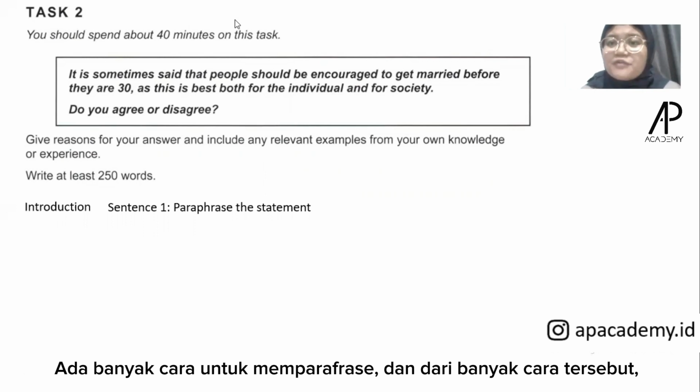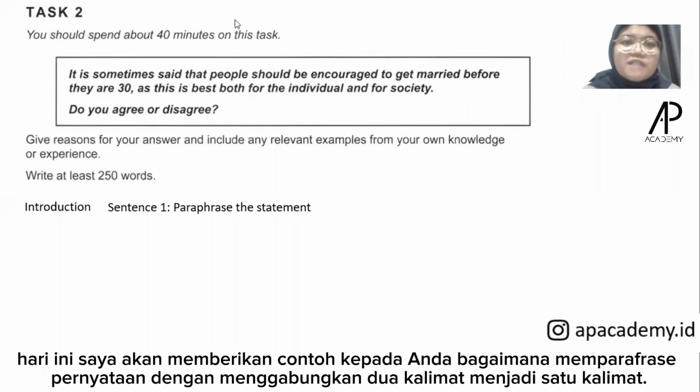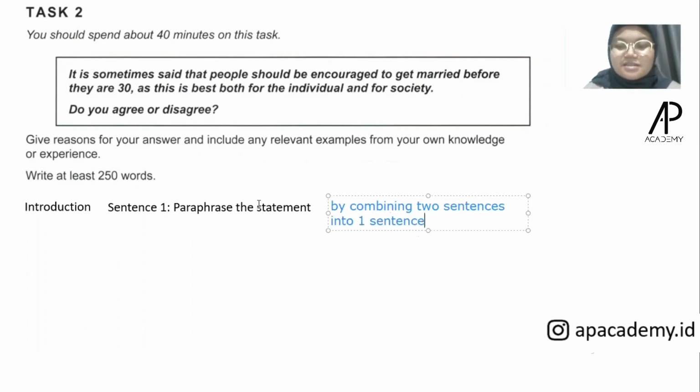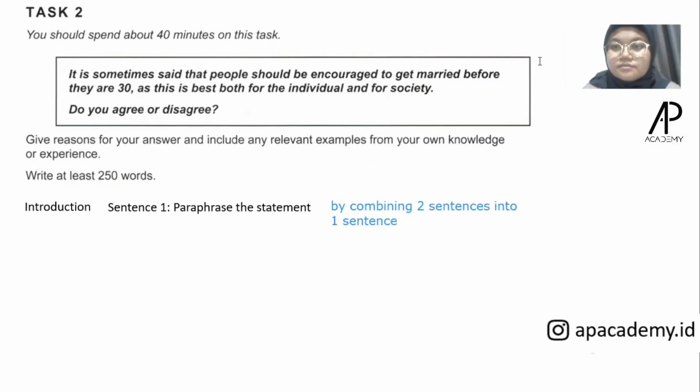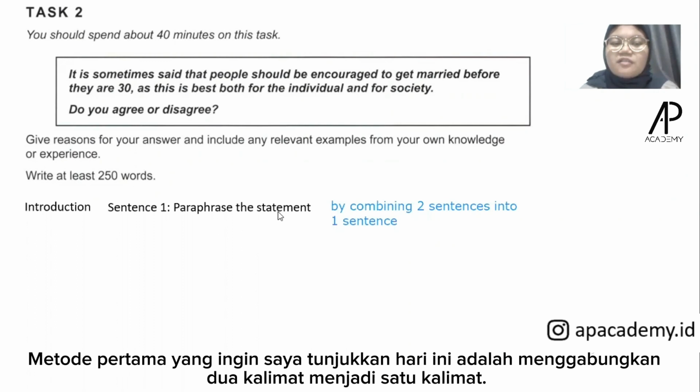Out of those ways, today I'm going to give you an example of how to paraphrase the statement by combining 2 sentences into one sentence. This is the first method of paraphrasing I would like to show you today, combining 2 sentences into one sentence.